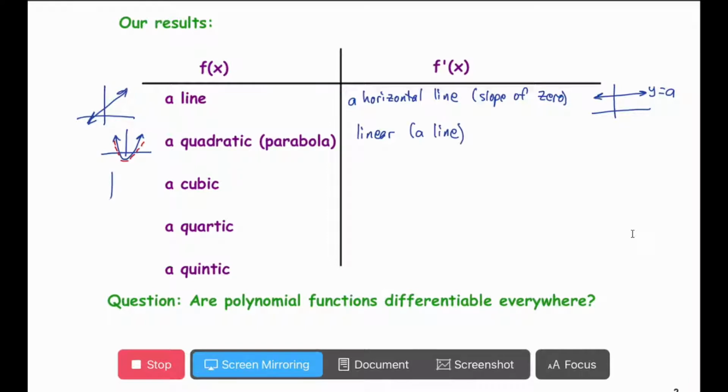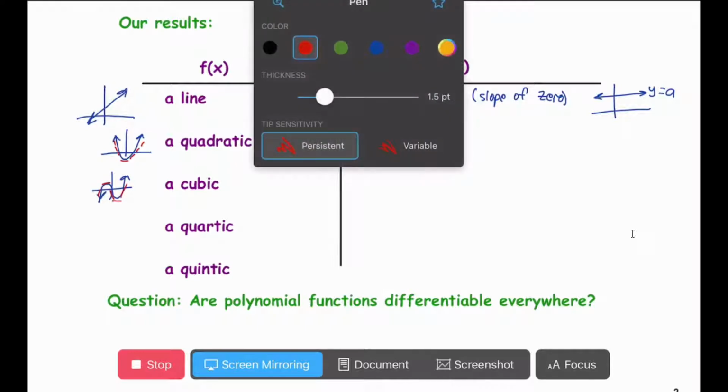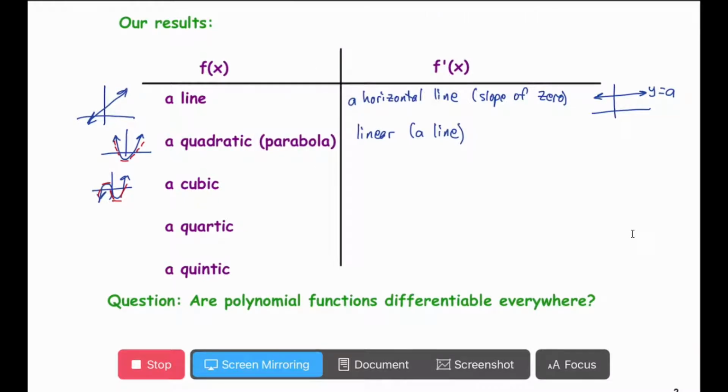If I have a cubic function, which looked something like this, then I might have noticed that my slope, or my instantaneous rates of change, were positive, and then 0, and then negative, and then 0, and then positive. So that would have been a quadratic, a parabola.